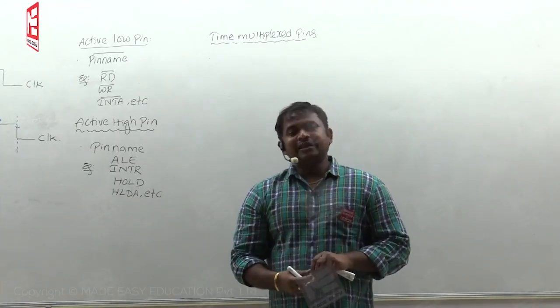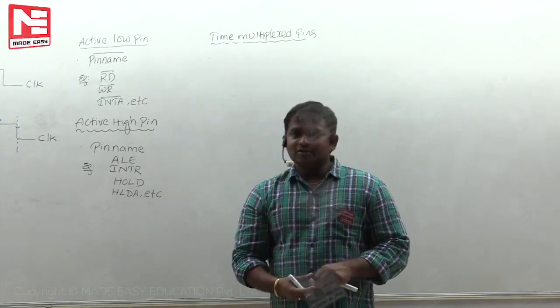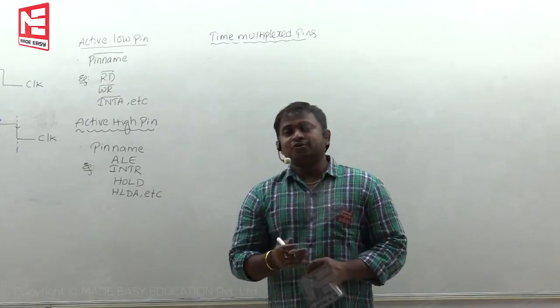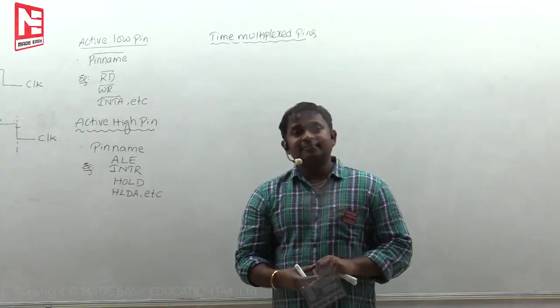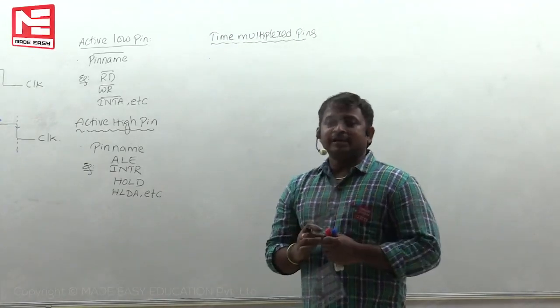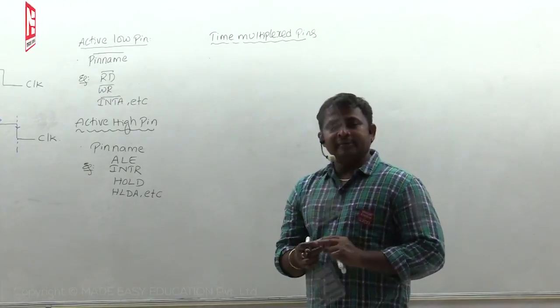So data is time multiplexed with address. There are no separate address and no separate data pins. Address pins are used to carry the data. So due to this time multiplexing concept, the number of hardware pins in the CPU will be minimized.